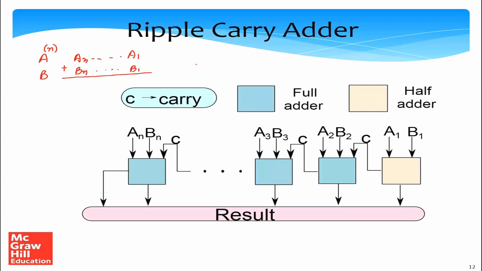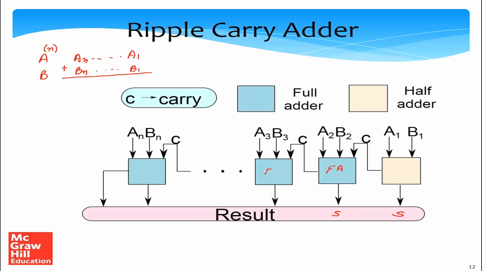Mind you, there is no carry input, so we can use a half adder. The half adder will produce a sum bit and a carry. Subsequently, we need to add A2, B2 and the carry that was generated. So we need a full adder. Again, we save the sum bit over here and we move the carry to the next position.